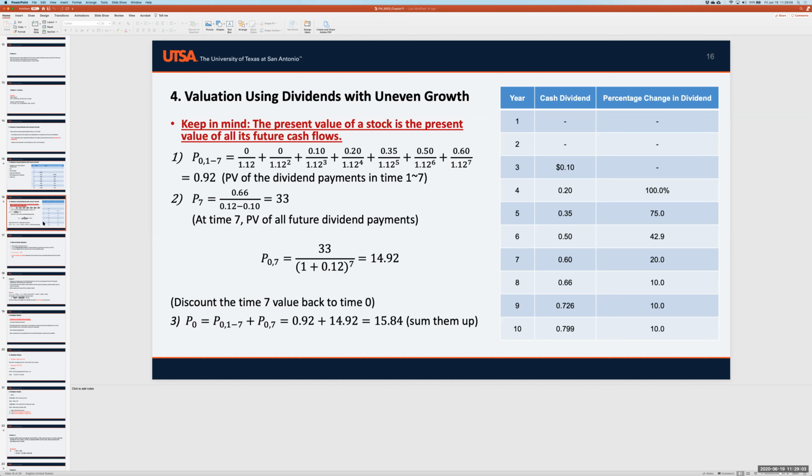So simply you just find one by one. You put the dividend payment at time one, and discount it by using the cost of equity.